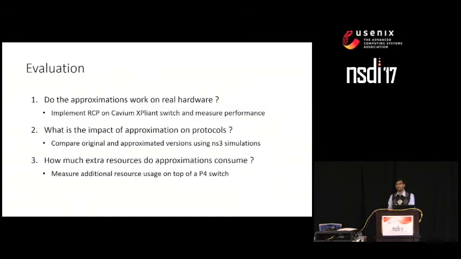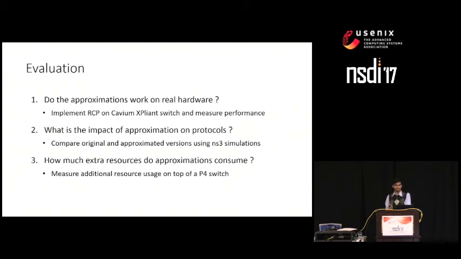So let's move on to some evaluation to figure out whether all I described right now works in practice or not. And I'm going to answer these questions. Do the approximations work on real hardware? Can we get the benefits on real hardware? And we do so by implementing and evaluating RCP on real hardware, a Cavium Xpliant switch.